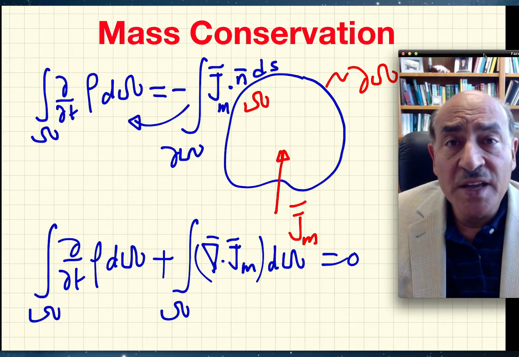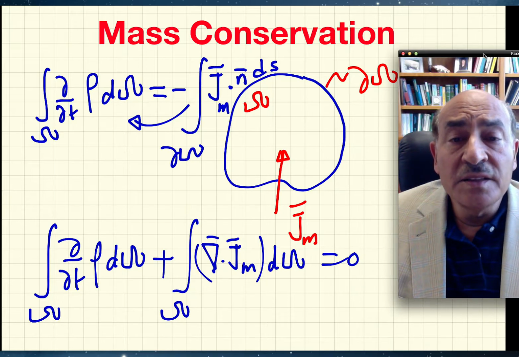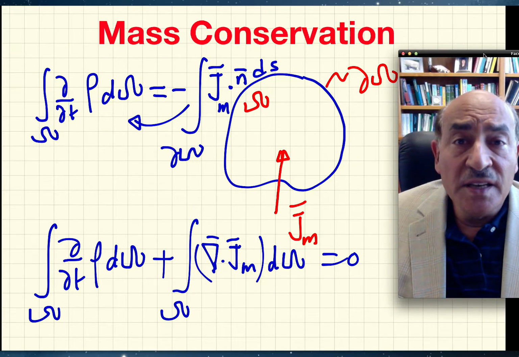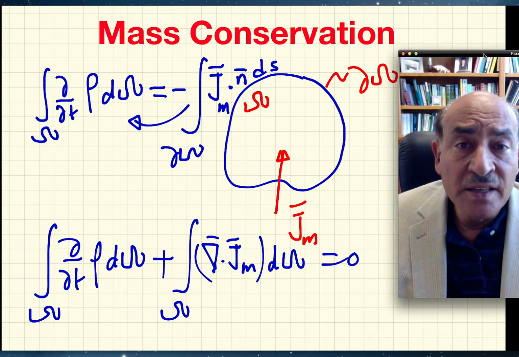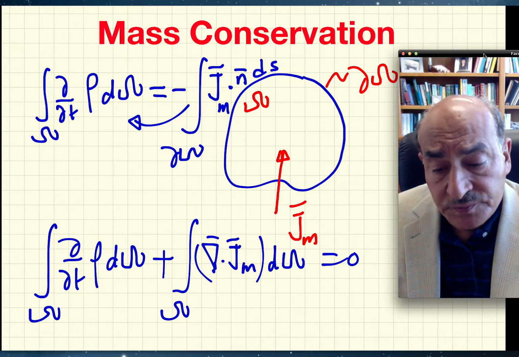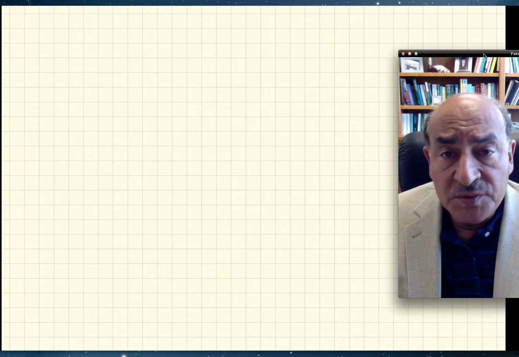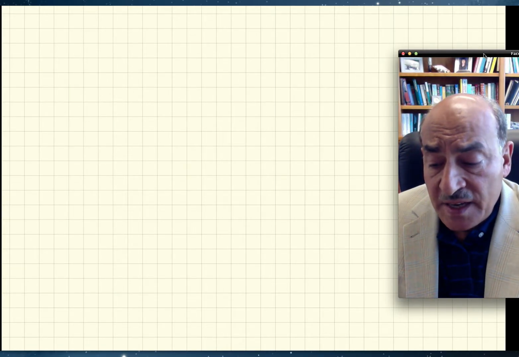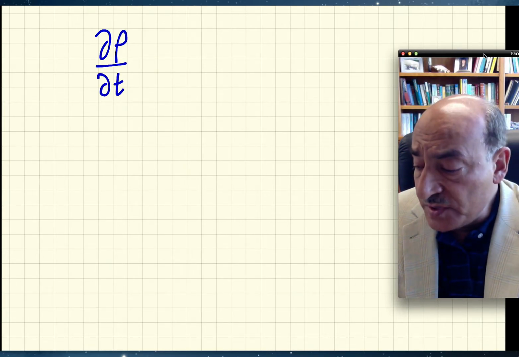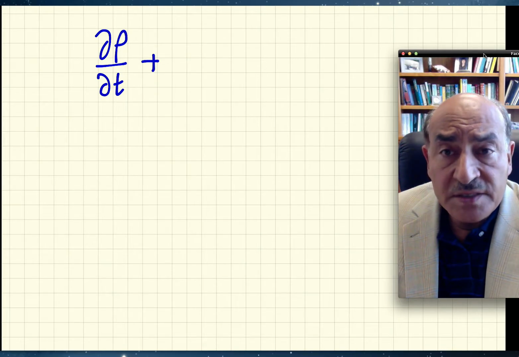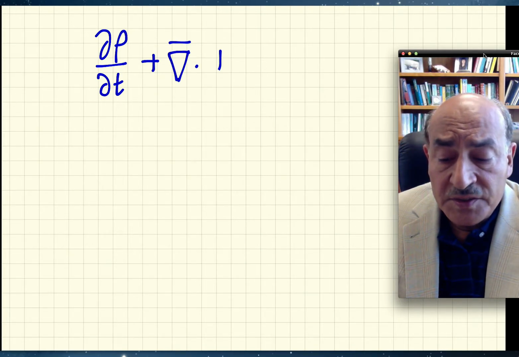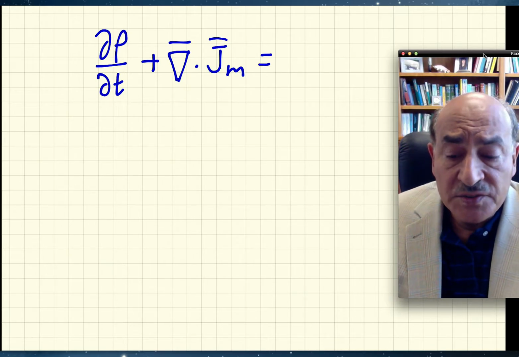The only guarantee that we have is that the two quantities themselves in any particular part of space should be equal to 0 identically, and that localizes the integral form to a differential form. So we can use this idea and remove the integral, and then we have the rate of change of rho with respect to time, because we don't have an integral, plus the divergence of the Jm. It should be equal to 0.